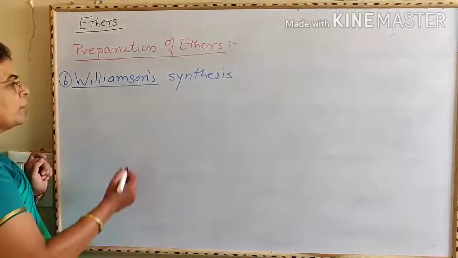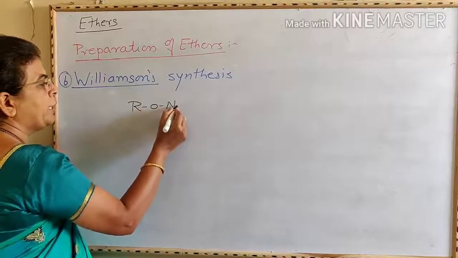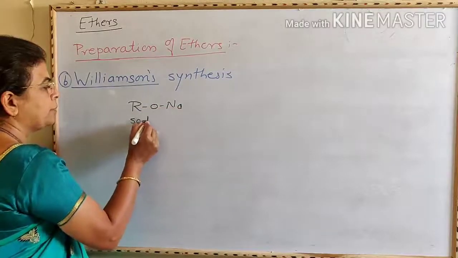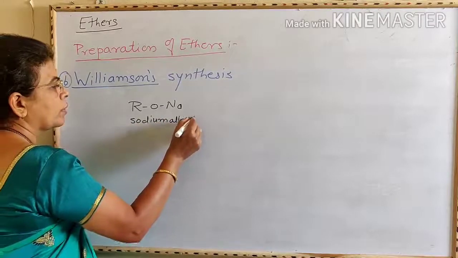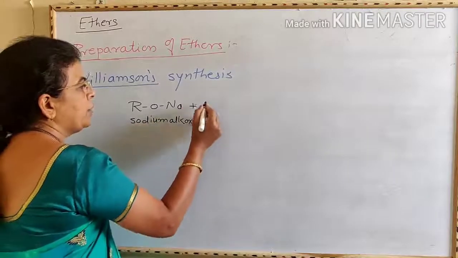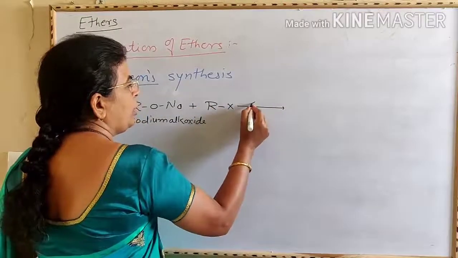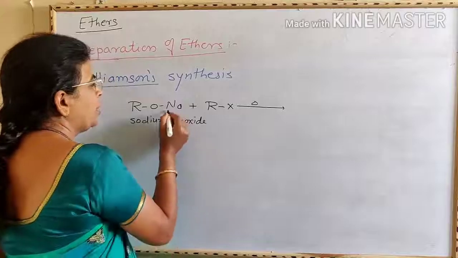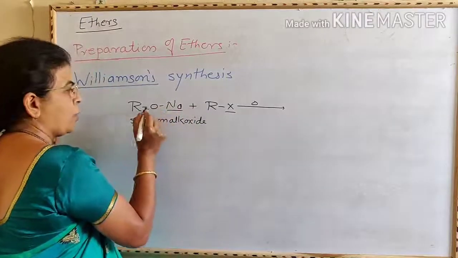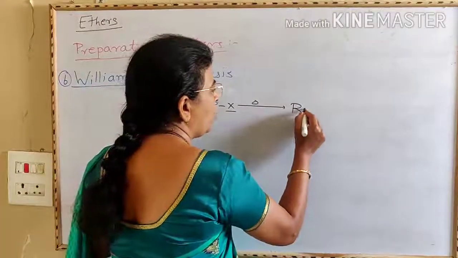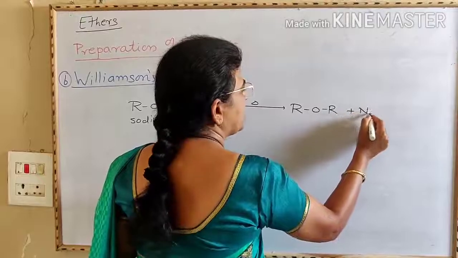Now look here, when RONa, that is sodium alkoxide, is treated with alkyl halide, that is RX, boil this reaction mixture, then removal of NaX takes place and this R gets attached to this RO to form ROR plus NaX.